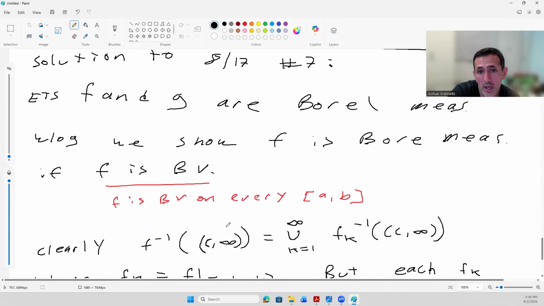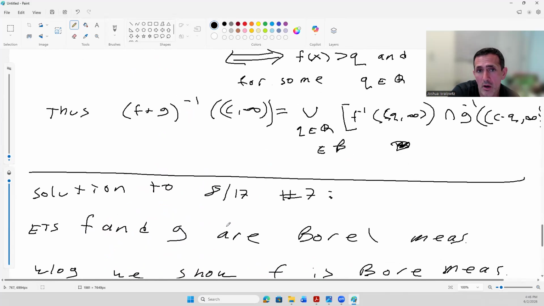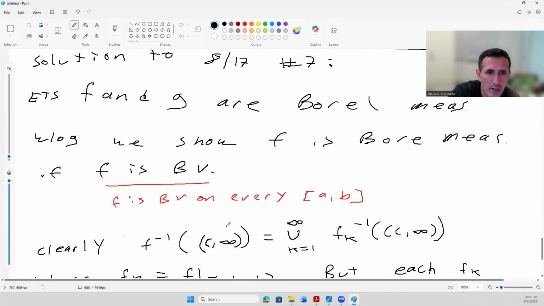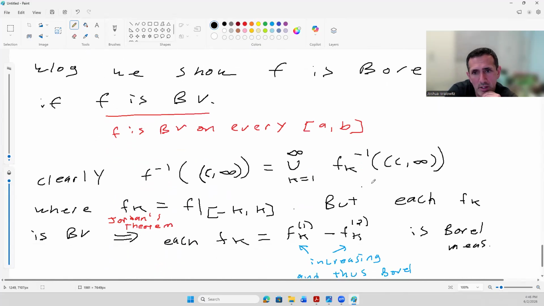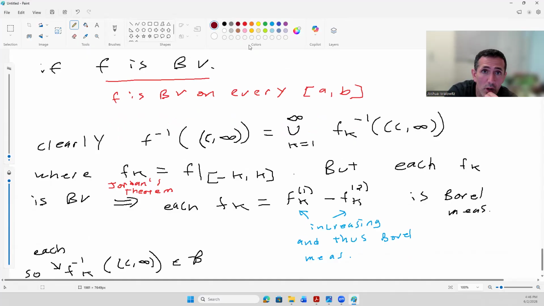And if you have a different way to do it, let me know. If you know of a way to avoid doing this, another way you need Jordan's theorem on these F_k, but if you know how to do it without going through the concept of Borel measurable functions, let me know.